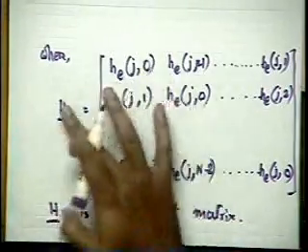So individually all these H of j's are circulant matrices.